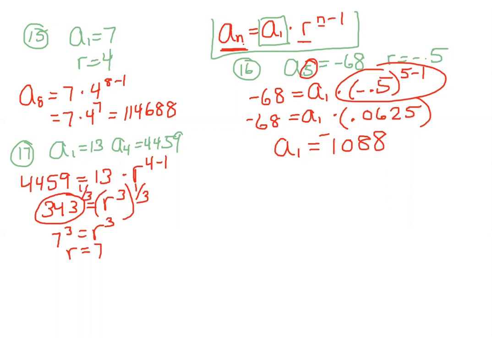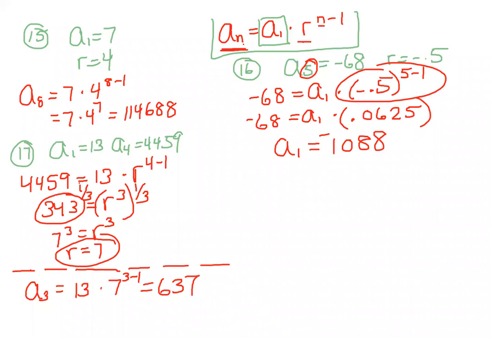If you take 343 to the 1/3 power, you're going to get 7. Okay, so you need to find out that R is 7. That's our first step. Now we can find A3. That's what we were looking for. So we can say A1 times R to the 3 minus 1, and that is 637.